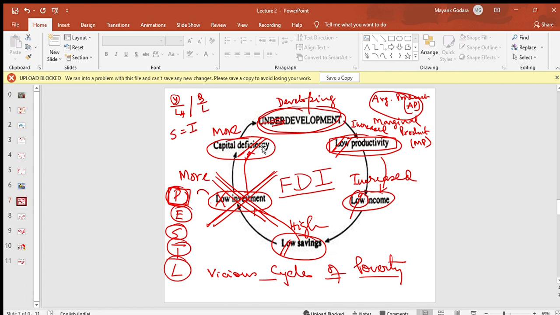Then there will be no capital deficiency, and there will be an increase in productivity, which will lead to increased income and high savings, and they can improve their economic standards of living. This is the vicious cycle of poverty.